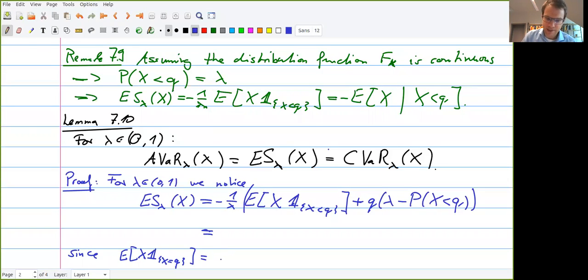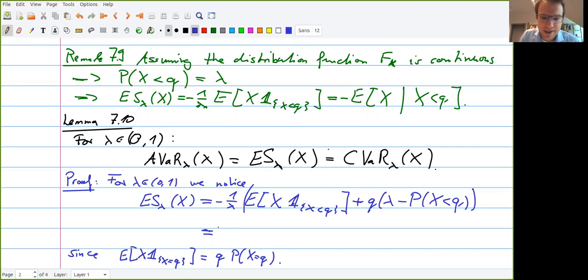Well, we can calculate this explicitly. This is nothing else than q. On this set, the random variable is either 0 or q. And if it's 0, it doesn't matter. And if it's q, then this happens with the probability p of x equal to q.